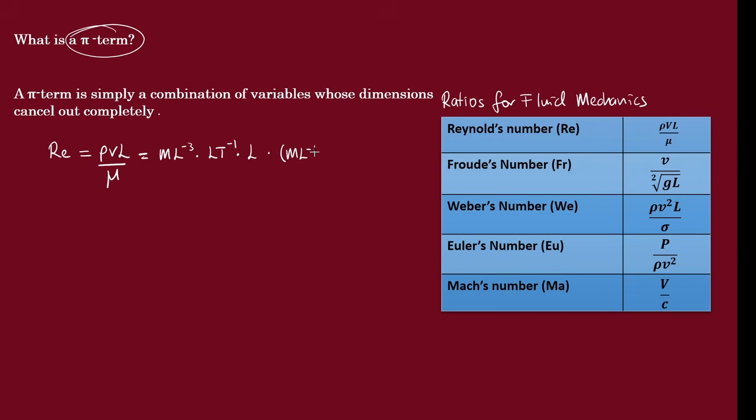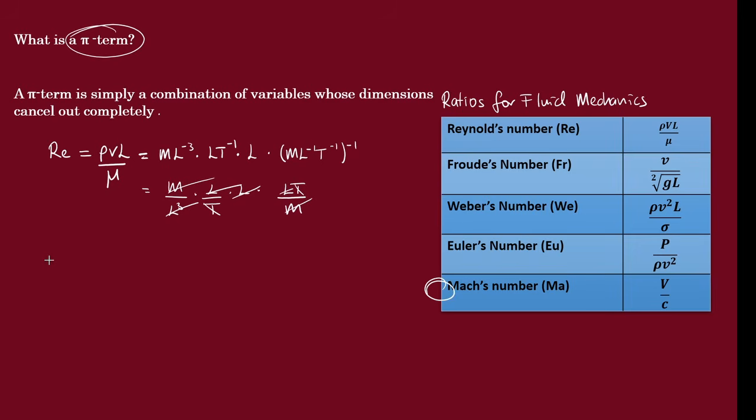So that's M L to the -1, T to the -1, all raised to the power -1. So that's M over L cubed, length per time, length, and this is going to be length times time all over M. So we can easily show that these are going to cancel out, L for L, T for T, M for M, and this is going to be dimensionless. So Reynolds number is a dimensionless quantity.